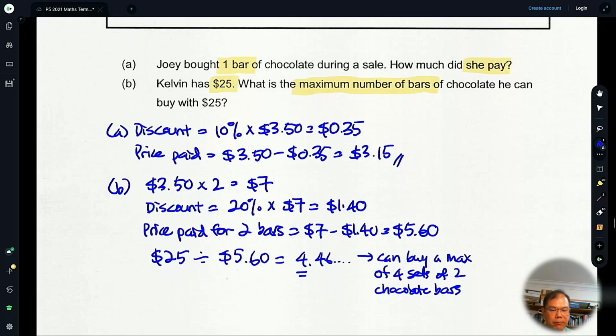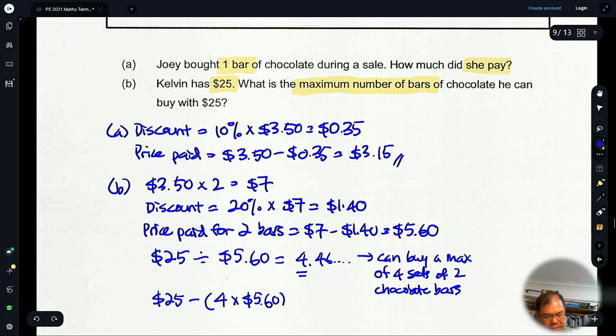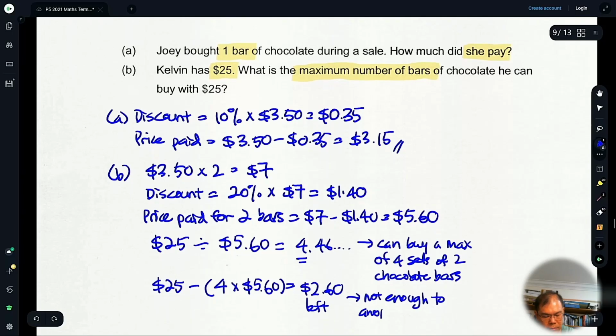Now, what is the remaining amount that he has? So he has $25. Then if he can buy a maximum of 4 sets, and each set is only $5.60, you realize you will only have $2.60 left. Not enough to buy another bar, even if it is at a discount.